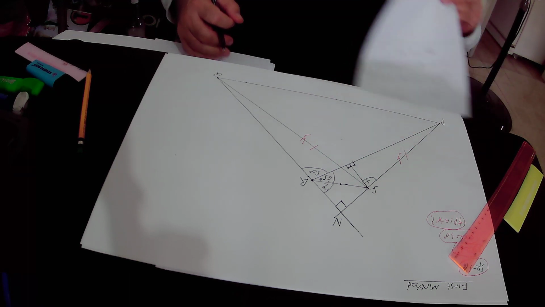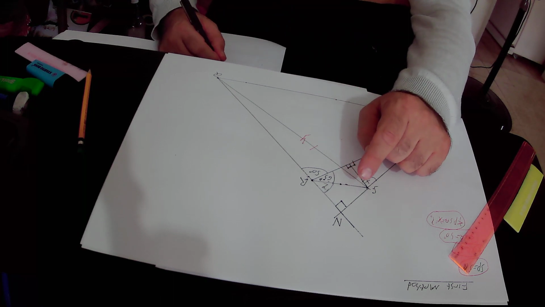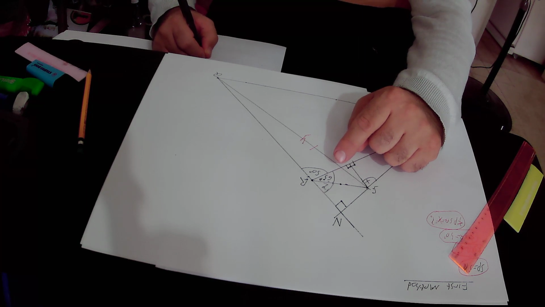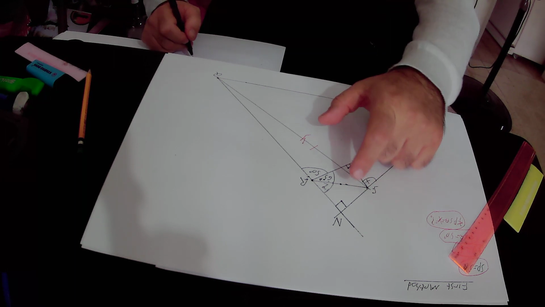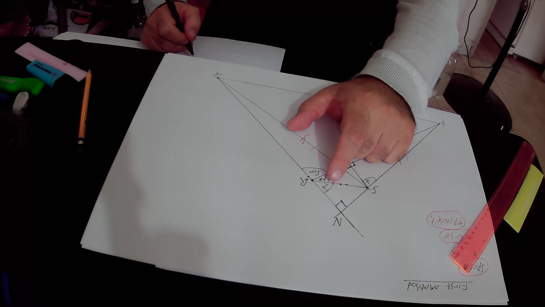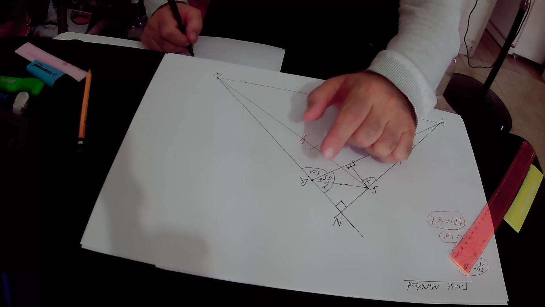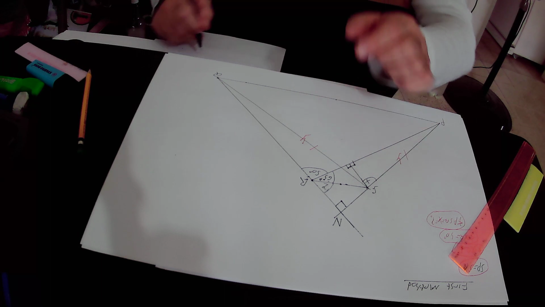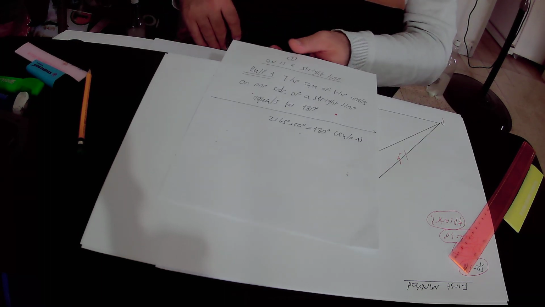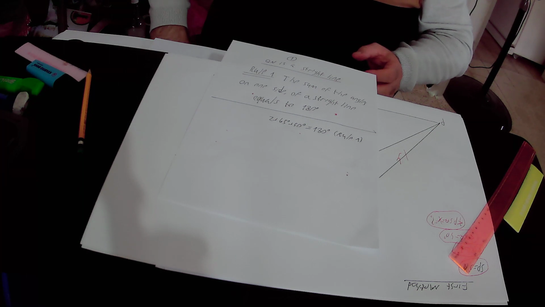That is to say, angle Z plus 65 degrees plus 50 degrees must be equal to 180 degrees, because we look only at the bottom side of the straight line NQ at point R.